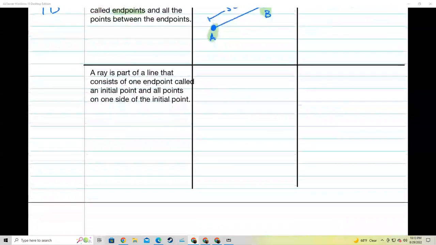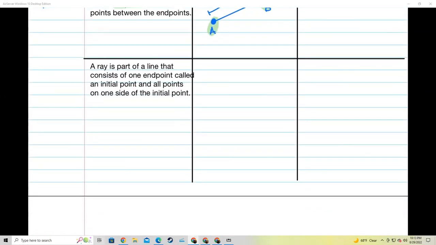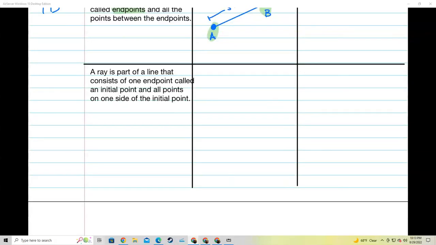All right. And then the last vocabulary word on that first page is ray. A ray is part of a line that consists of one endpoint called an initial point and all points on one side of that initial point. So what does that look like in the picture? We're going to show you a couple of pictures. So I'm going to go ahead and write example 1.